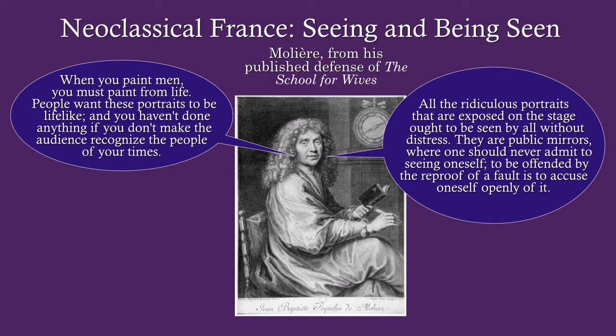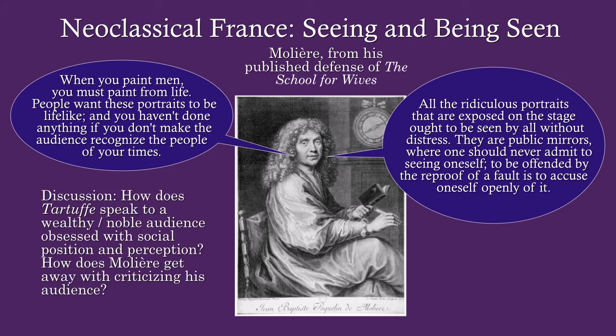And work through the grammar and the logic of that second half there, right? What he's basically saying is, if you're offended by what I put on stage, it's not my fault. You are openly accusing yourself of the faults that I'm putting on stage. It's a fantastic little cover-your-ass sort of two-sided conversation that he's having here. On one hand, I paint very realistically. On the other hand, not you, someone else.